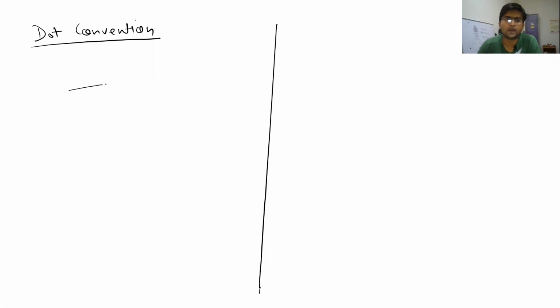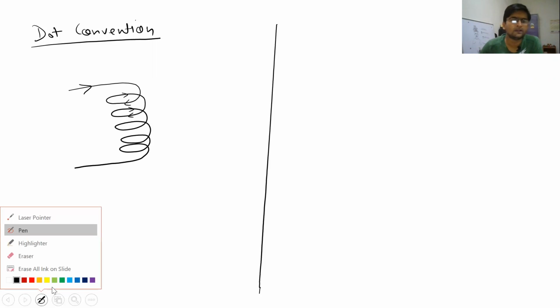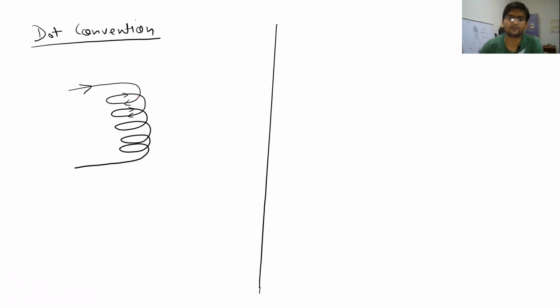So suppose you have an inductive coil like this, right? So if a current is entering like this, it will go in this direction, then here, then here, then here. So can you tell me where the direction of flux will be? Like this.